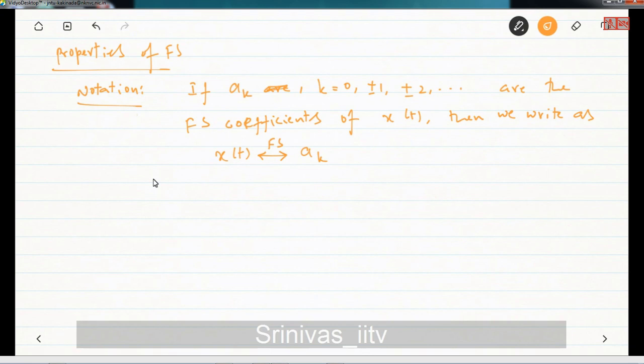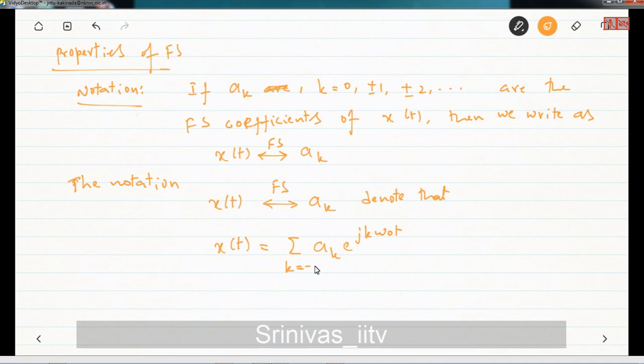So in other words, the notation x of t with a double-headed arrow and with the two letters fs on top of the arrow, and ak, denotes that x of t is summation ak e power j k omega naught t, k equal to minus infinity to plus infinity.